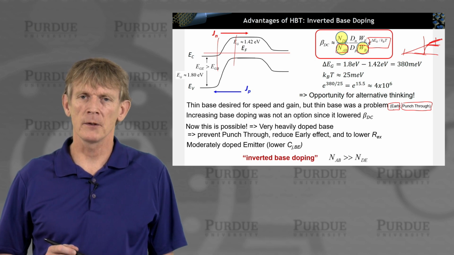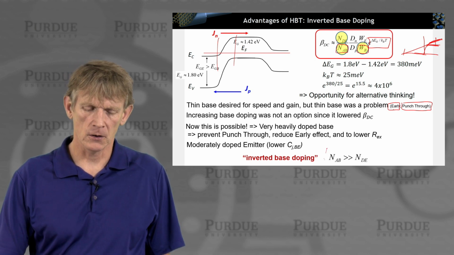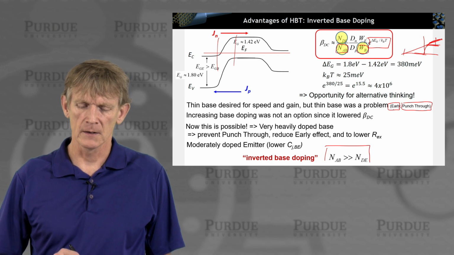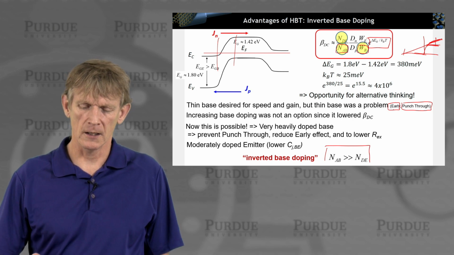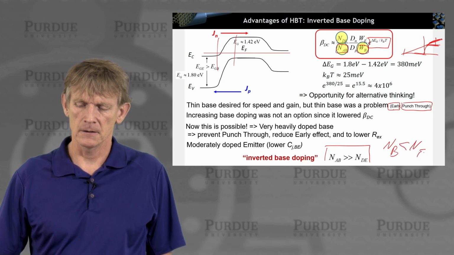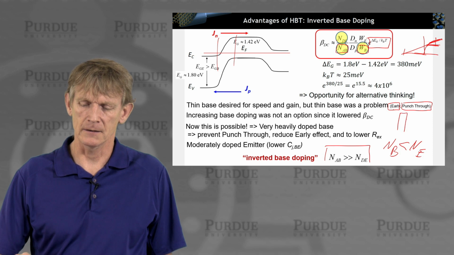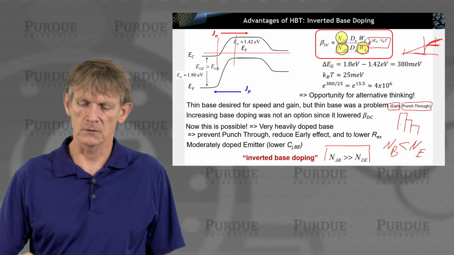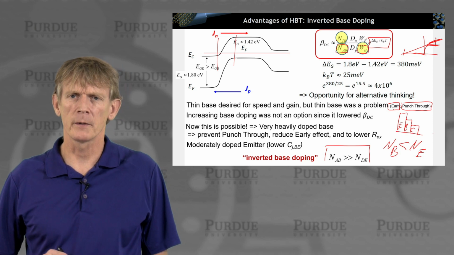And what people are using now is something called an inverted base doping. So it used to be that you want to have NB less than NE, right? In the last lectures, we had these 3 bars, right? This was E, base, and C for the doping levels, right?